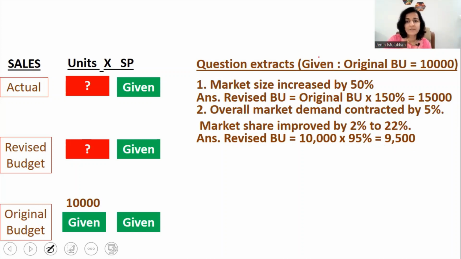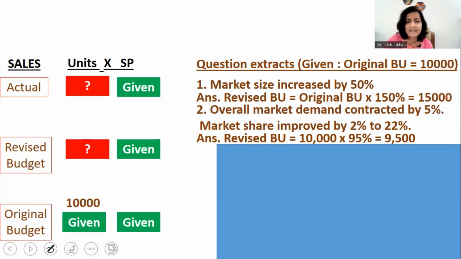Now, in the question, they have further stated that market share improved by 2% to 22%. This is a tricky thing. So listen very carefully. They have not given the actual units in the question. But from this sentence, we are supposed to find out the actual units. So the calculations of the tricky part I will indicate in blue. Now, what have they said?